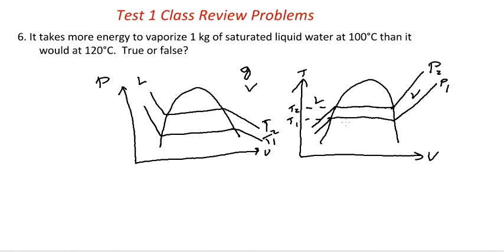There's more energy put into expanding the specific volume at this lower point because the dome is wider. So yes, it would take more energy to vaporize a certain mass of saturated liquid water at 100 because that's a lower temperature than at 120. In theory.